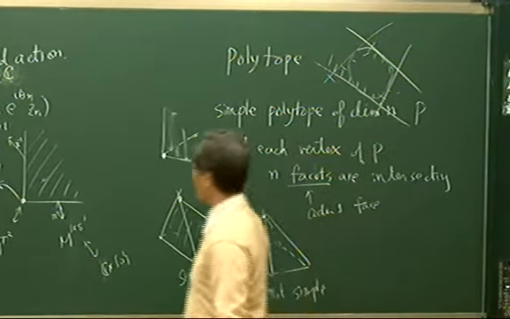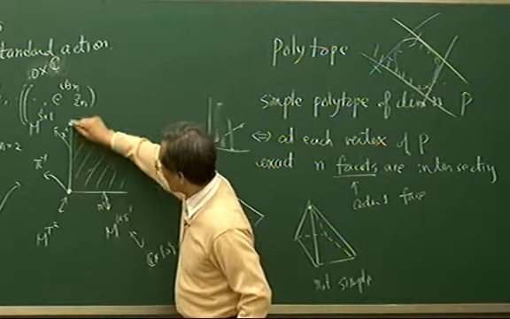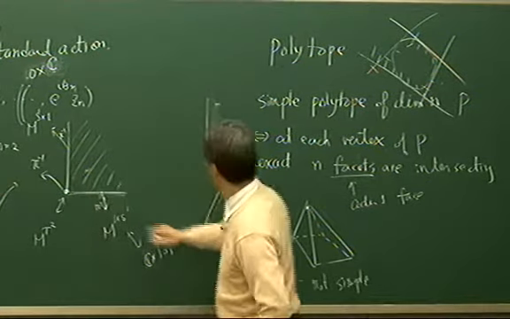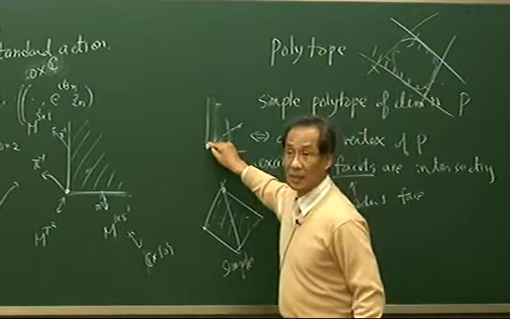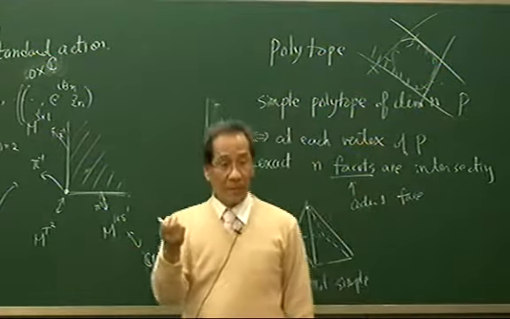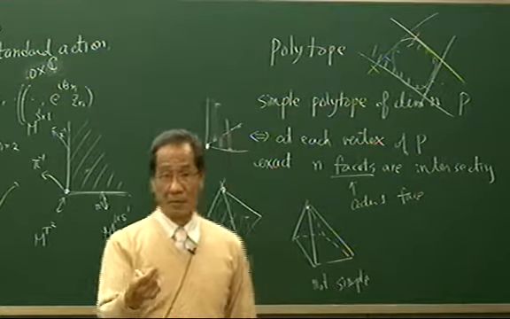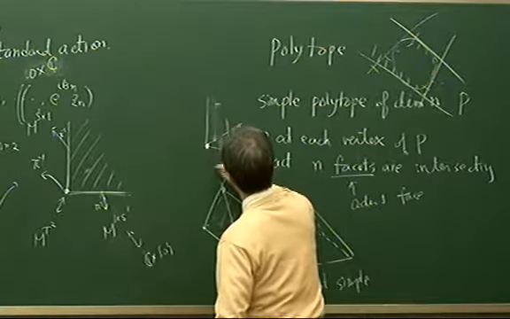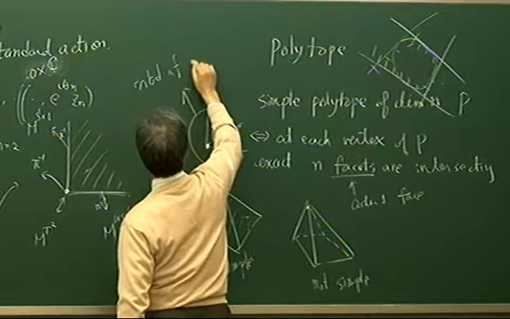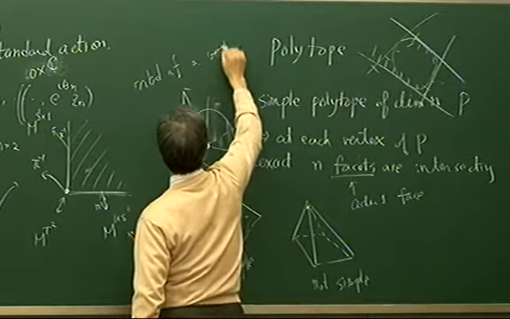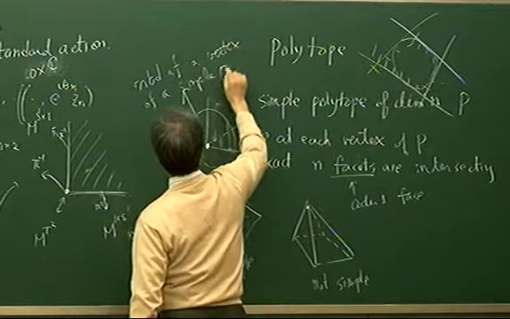Now, when you look at this orbit space, if this is dimension 2, then you have two facets intersecting. When you have dimension 3, three facets are intersecting. So this locally looks like a vertex of a simple polytope. Right? So this one is a neighborhood of a vertex of a simple polytope.